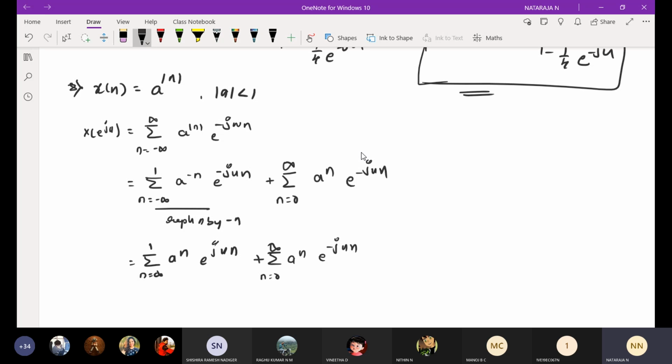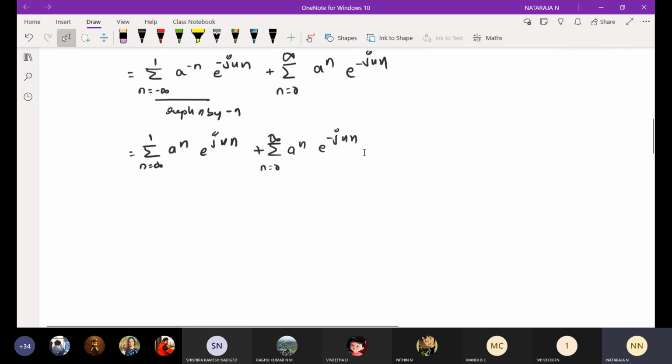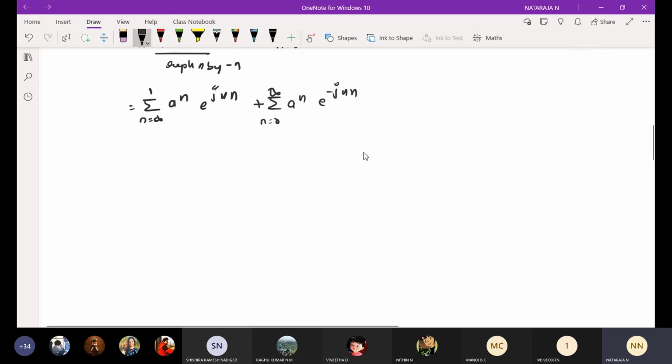Next, we can write this as summation n is equal to 1 to infinity a power n e power j omega n plus summation n is equal to 0 to infinity (a e power minus j omega) whole to the power of n.